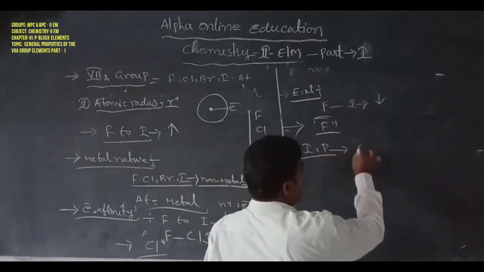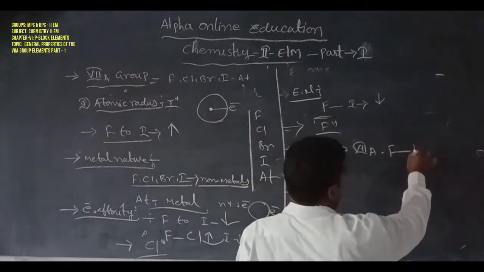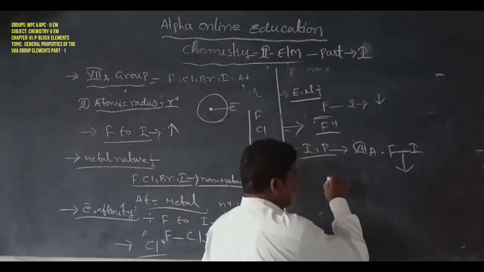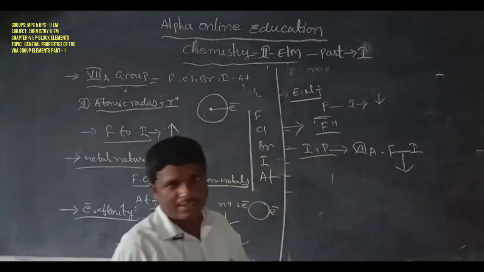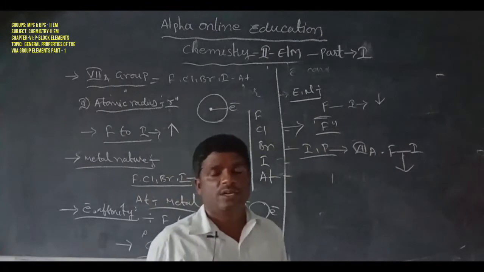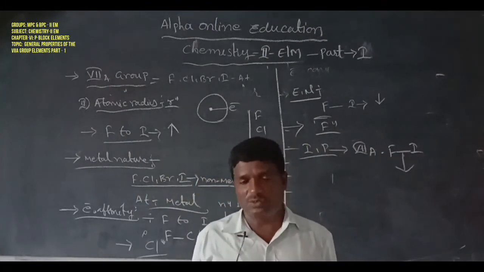In 7th A group elements, from fluorine to iodine, IP values decrease because atomic radius increases.